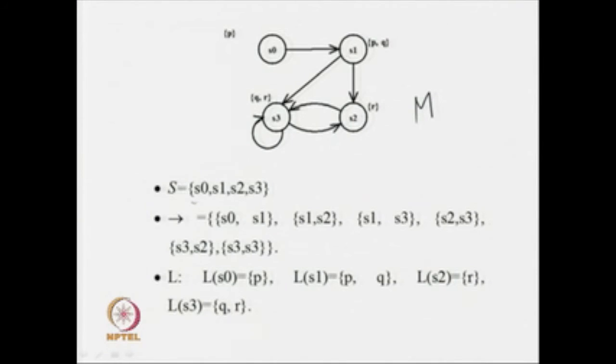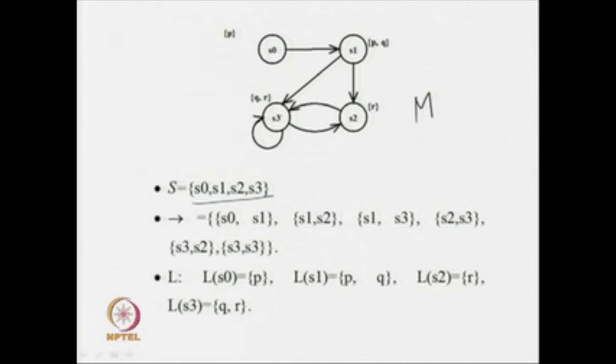In this model, S is the set of states, and we have four states S0, S1, S2 and S3. How many transitions do we have? 1, 2, 3, 4, 5, 6. So, in total we have 6 transitions: S0 to S1, then S1 to S2, S1 to S3, then S2 to S3, from S3 to S2, and a self loop S3 to S3.